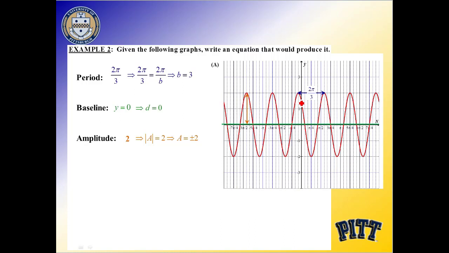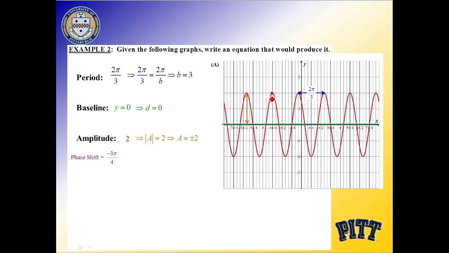And that's going to make me choose my phase shift. My choice of phase shift is going to change my value of C. It's also going to change my value of A as far as being positive or negative. So let me show you. For instance, say I choose this point to be my starting point, where this purple dot is now.